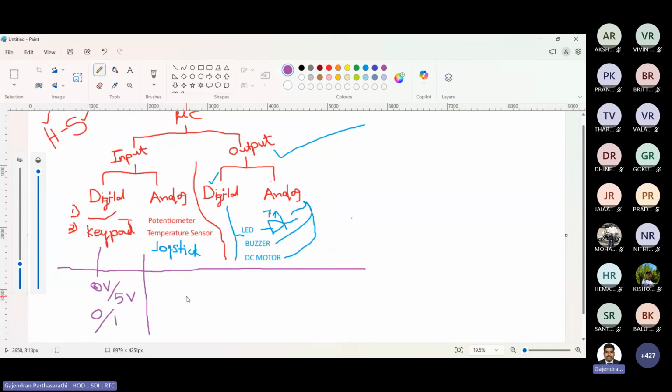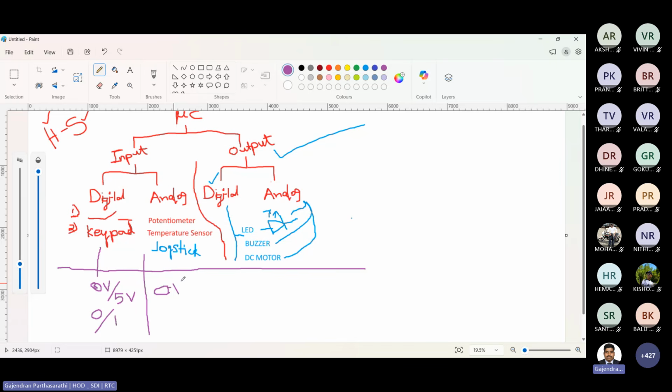Very good. Please write down 0 to 5 volt. Since we are considering only the Arduino Uno board, that microcontroller, logic 0 is 0 volt, logic high is 5 volt. Therefore, we are taking this example. So 0 volt to 5 volt. That is the difference. Very simple.